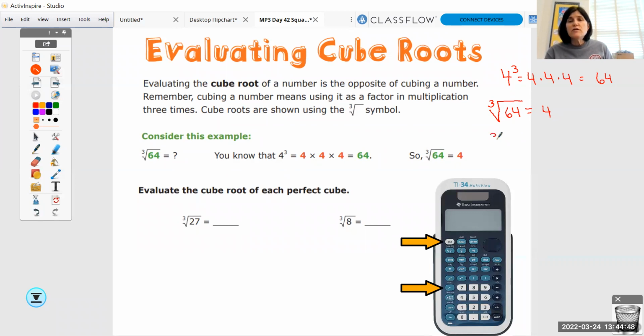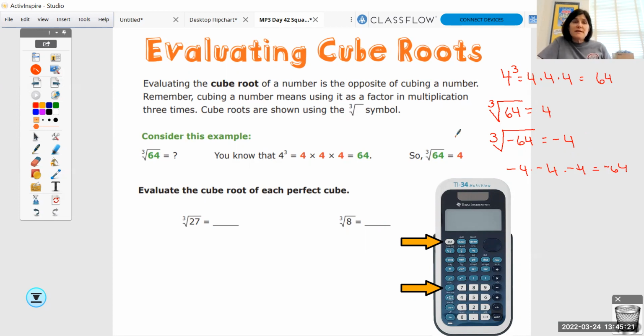So if I do the cube root of negative 64, that asks what number times itself 3 times is going to give me negative 64. We know that 4 times 4 times 4 is positive 64, and negative 4 times negative 4 times negative 4 gives me negative 64. So the cube root of negative 64 is negative 4.